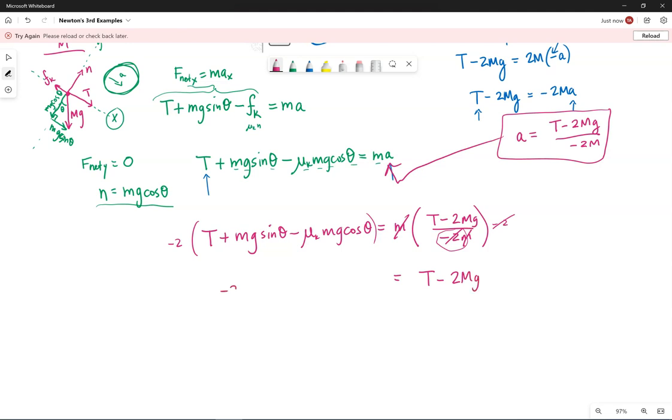I need to factor it through on the left. Okay, so my unknown is t. I want to get those together. When I add 2t to both sides, I get 3t on the right. I'm going to add 2mg to this other side.